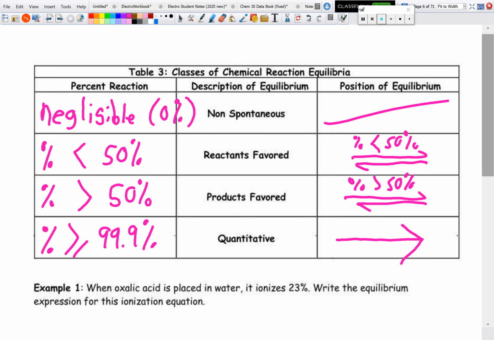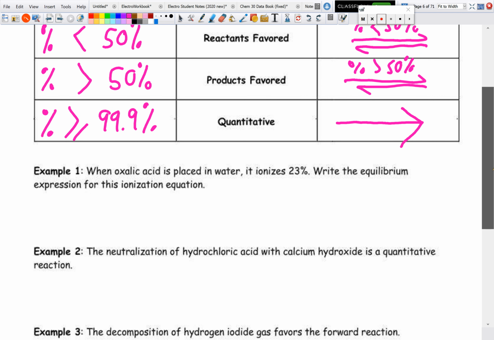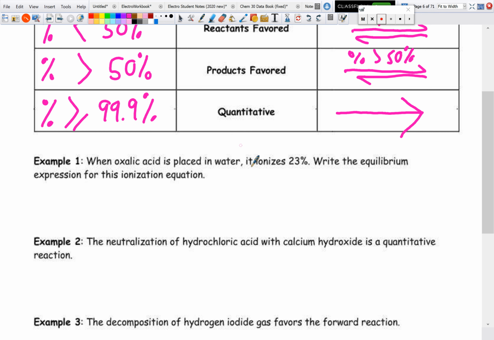Our next few examples are just going to be looking at how we're actually going to be writing out the reactions and stuff like that. So for example, if you're given something like this, when oxalic acid is placed in water, it ionizes at 23%. Write the equilibrium expression for the ionization constant. So if you remember where oxalic acid, where it's in acids ionize. So we have HOOCCOOH. So if you want to use the Arrhenius theory or the modified Arrhenius theory for the ionization, you can.